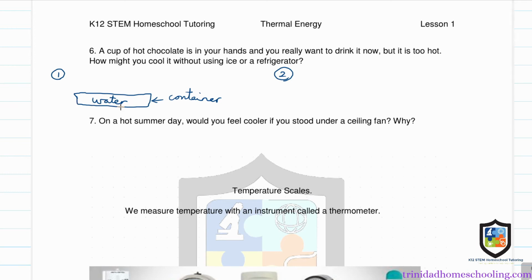But the water must be at a lower temperature than the mug or the cup of hot chocolate, tea. Okay, so this is my cup in my water. So our first scenario is to put the mug or cup in a water bath.